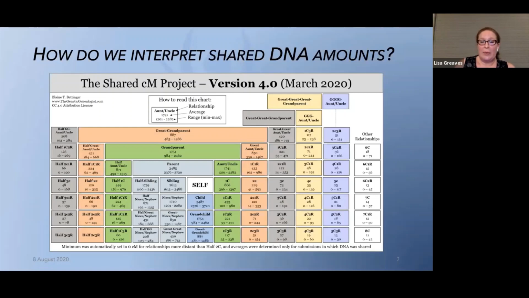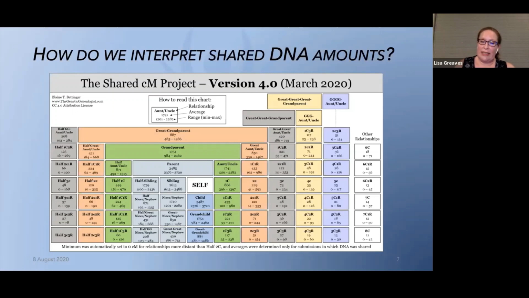And you can see he came up with, right here in the middle, that first cousins would share an average of 866 centimorgans, but they could share as little as 396 centimorgans or as much as 1,397. So that is a range of over 1,000. That's a pretty big range. And that's what makes DNA so difficult to analyze. That's what makes genetic genealogy hard, is the randomness.